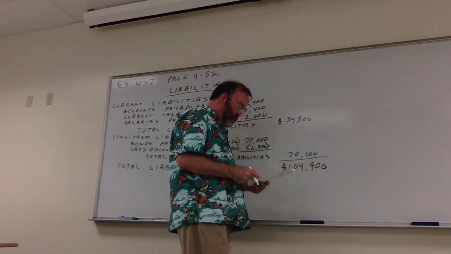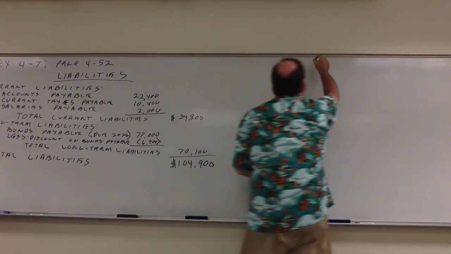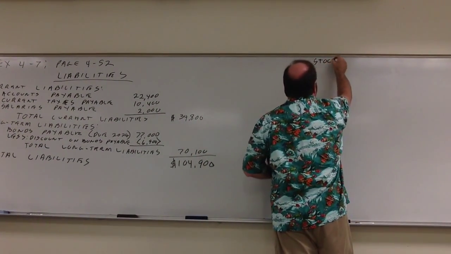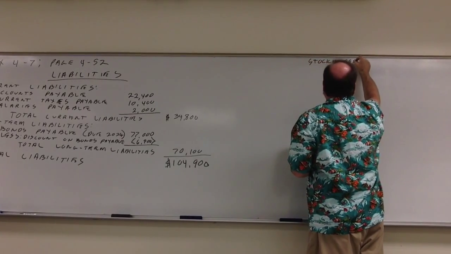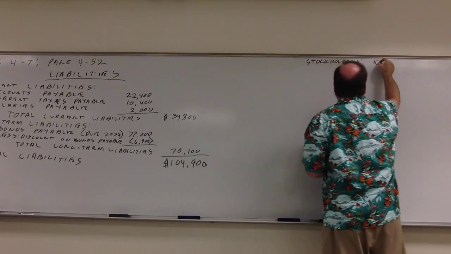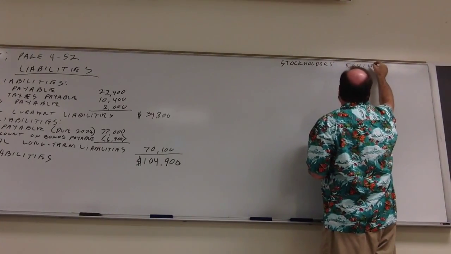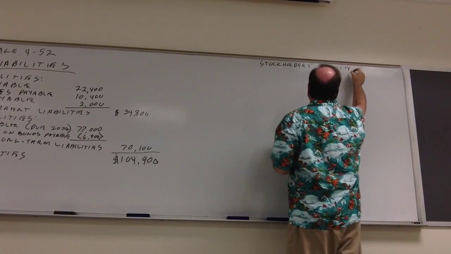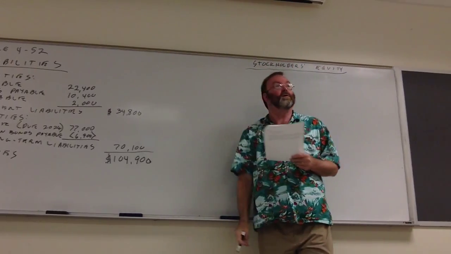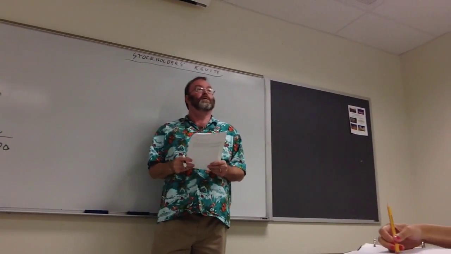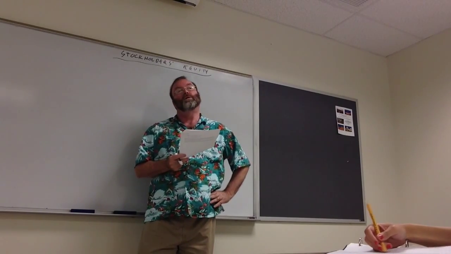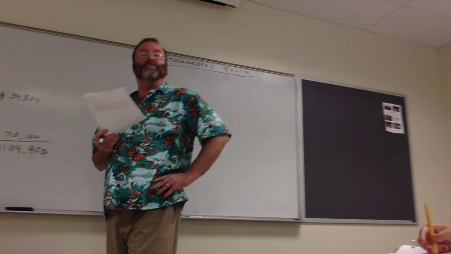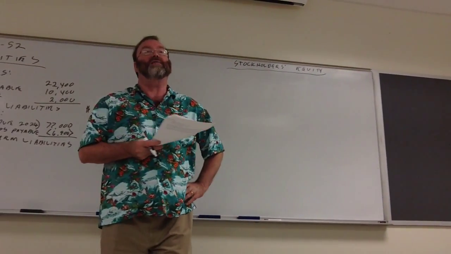So this does continue to stockholders' equity. When we first made the balance sheet heading, you said the 3 lines for the title. Yes, the 3-line header: the name of the company, the name of the financial statement, and the date.